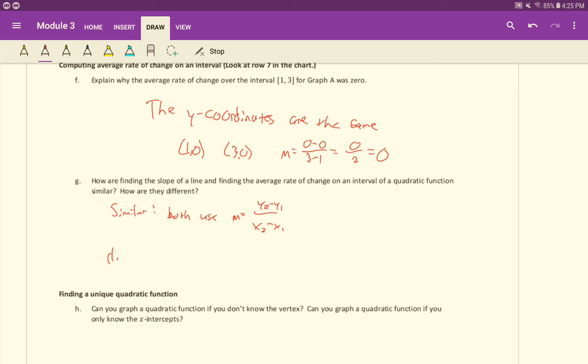Okay, different, well, because for a line the slope doesn't change, but a quadratic function's slope does change.